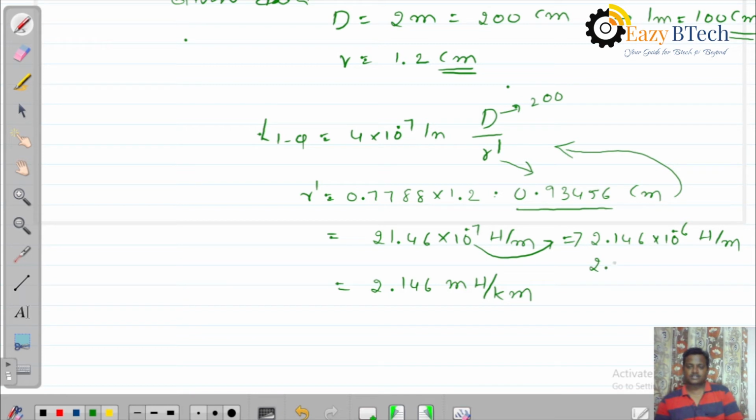We can write the same as 2.146 into 10 power minus 3 Henry per kilometer. This 10 power minus 3 Henry is nothing but millihenry. This is the way we can express it. Per kilometer is very good in examinations after calculating this.